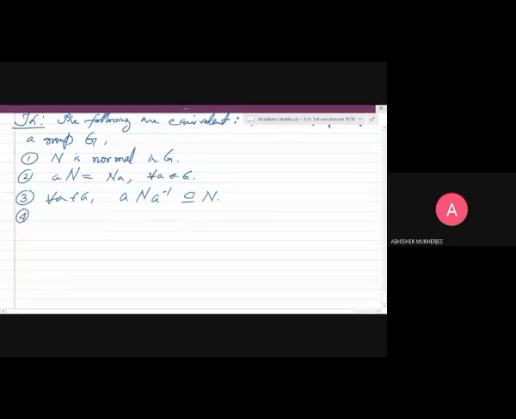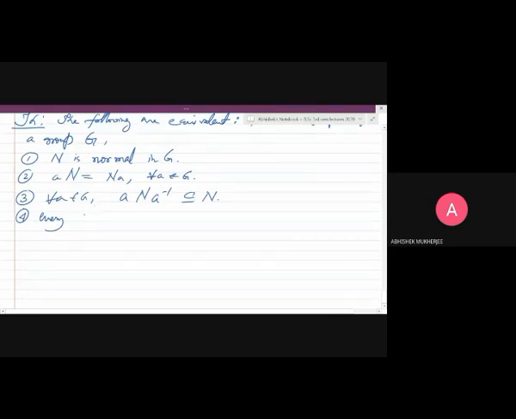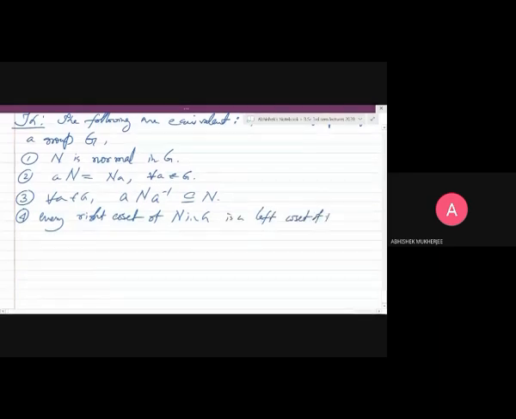Number four, every right coset of N in G is a left coset of N in G. Okay. That means if you start with right cosets, and you are calculating the right cosets of N in G and then left cosets of N in G, and you will find that every right coset is equal to some left coset of N in G, then you can say that N is normal.